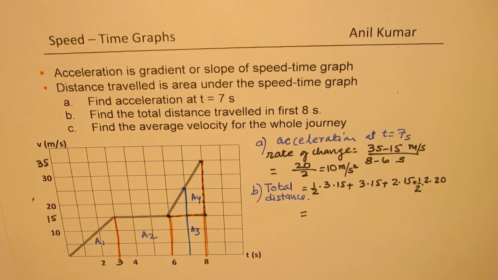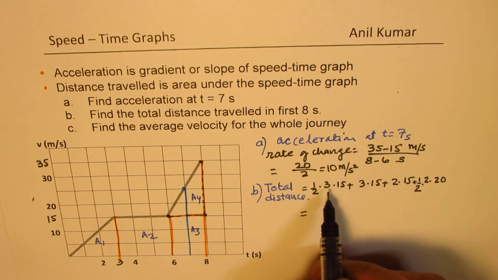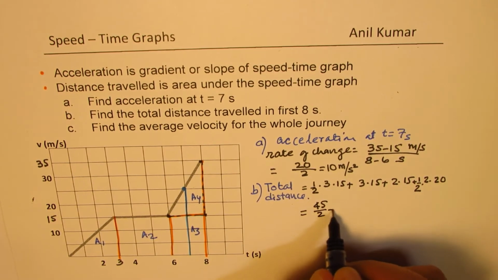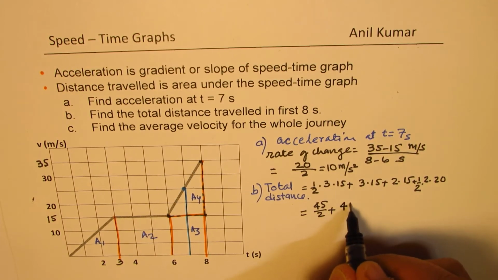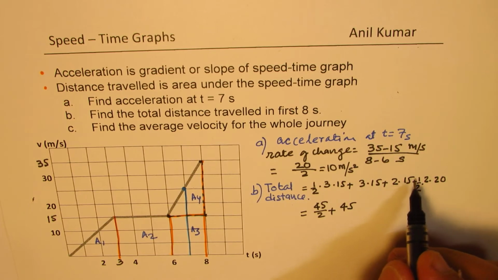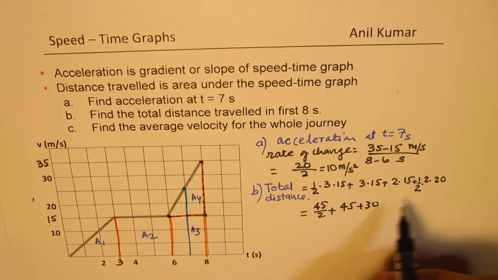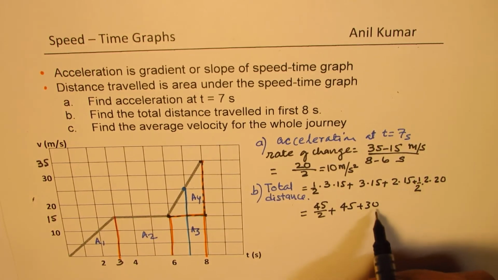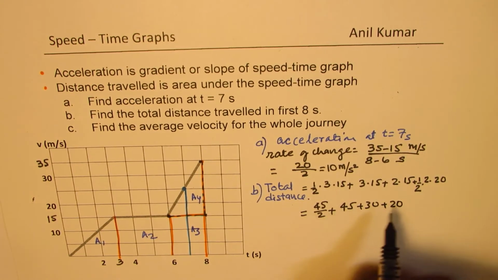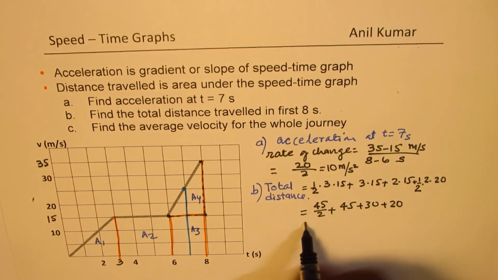Some simplifications. So we have 45 over 2. Let's write down 45 over 2 plus this is 45. Sorry, this is 2 times 15, which is 30. Here these 2 cancel, we have 20 plus 20. So these are the 4 areas. We can combine them and write down our answer.